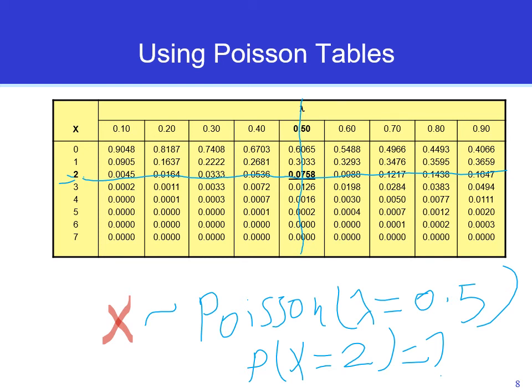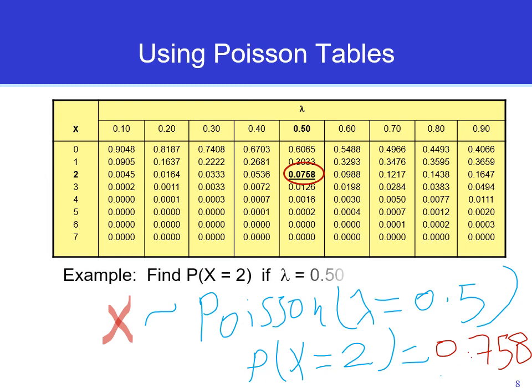The intersection of these would be the solution. So that would be 0.758. So the probability would be 0.758. This is how they used to find these probabilities because they didn't have calculators.